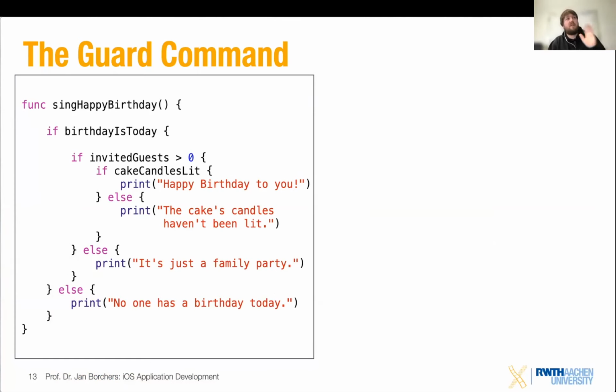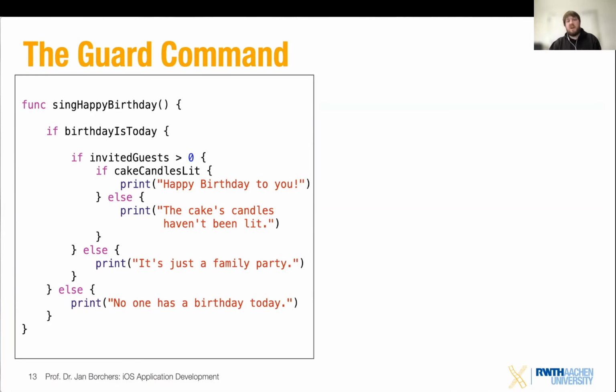So if we have our function sing happy birthday. For that, we first need to check, well, does anyone have a birthday today? So if birthday is today is true, then we can continue. If there are invited guests, if our number of invited guests is bigger, then we continue and check then whether the candles are lit. And if that all is set, then we can sing happy birthday.